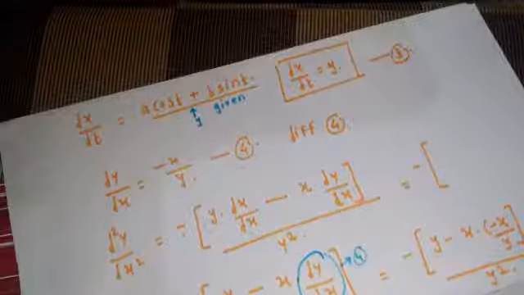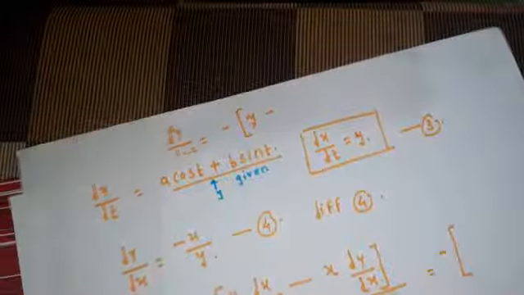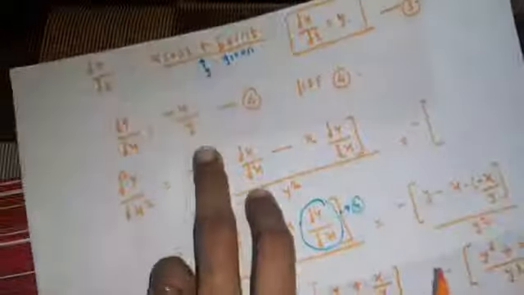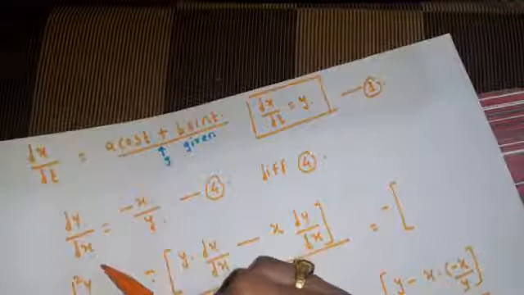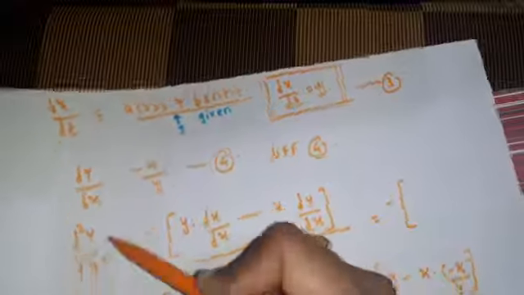Okay students, in this way we have completed the problem. So here x is given, y is given, from that we have found out dx by dt, dy by dt, and at last we have dy by dx equal to minus x upon y, and by differentiating dy by dx, we get d2y by dx square.